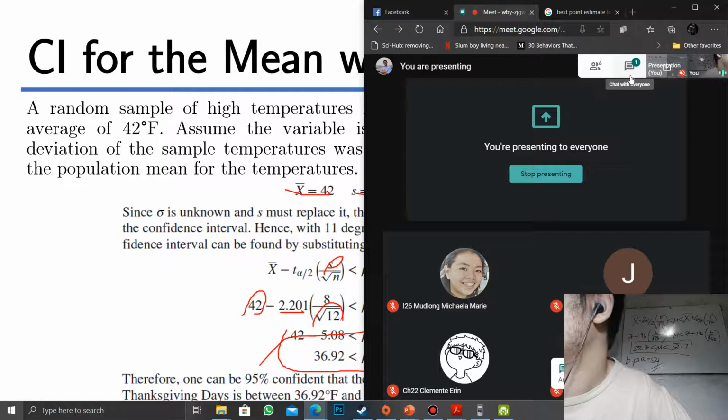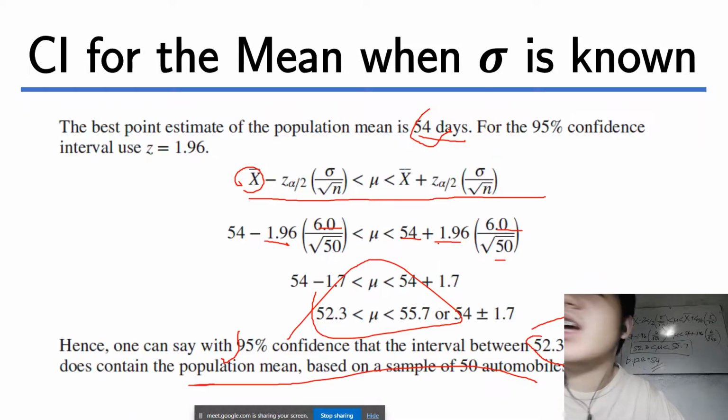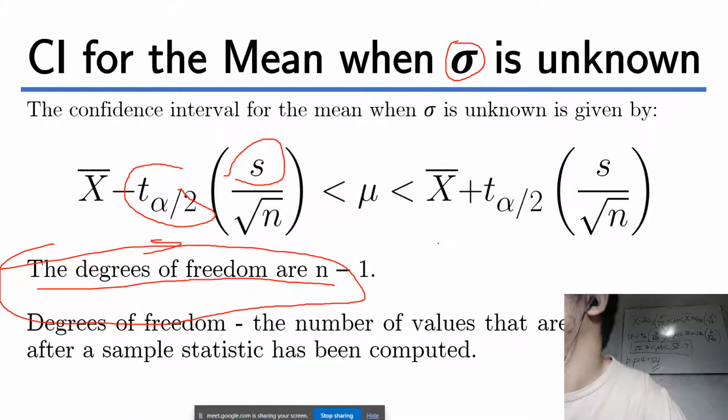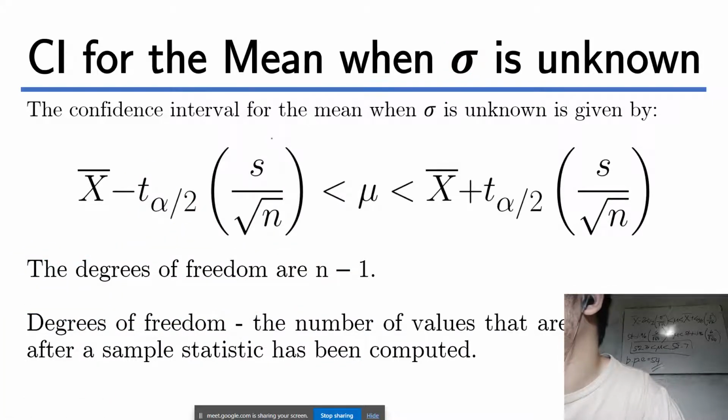Okay, kakasabi ko lang kanina, no? T, di ba kanina, Z-score tayo. Z-score yung ginagamit natin. T is another kind of score. T-score, no? Ginagamit to kapag di natin alam yung sigma. Okay?